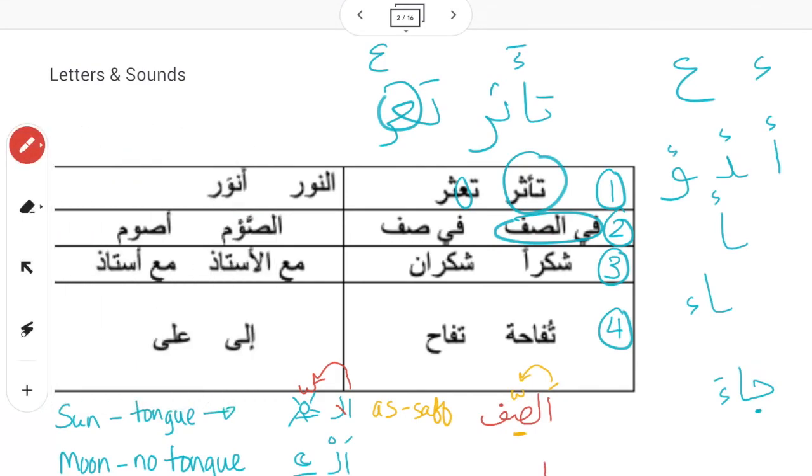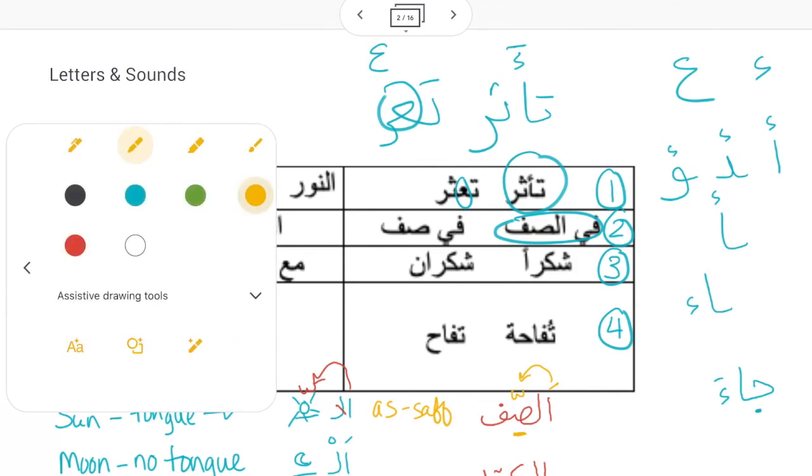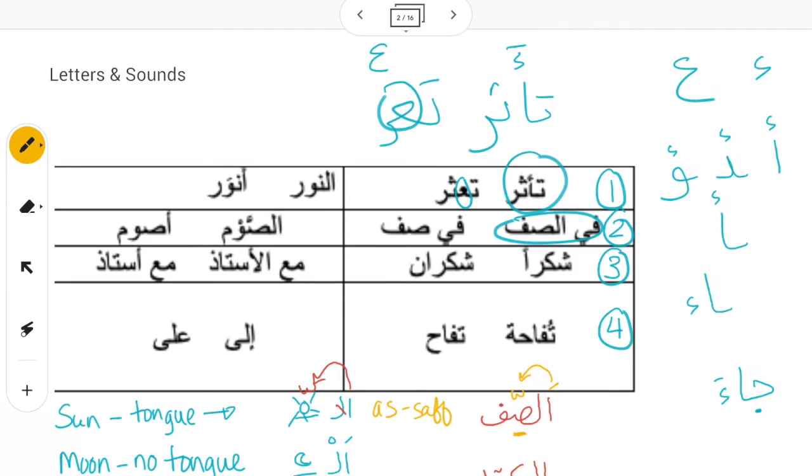If I have alif lam and I want to use the word kitab, we look at the letter after the alif lam, which is this kaf. K uses the back of your tongue. It doesn't use the middle or the front of your tongue. It's in your throat. So that means it's considered a moon letter. So we pronounce it al, and then the kaf with the kasra, al-kitab.